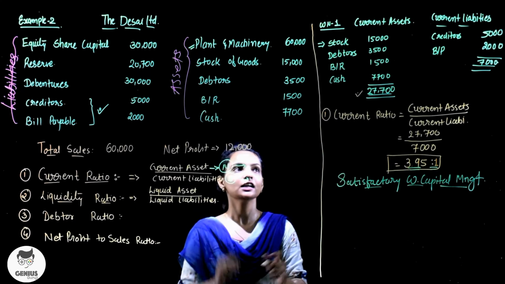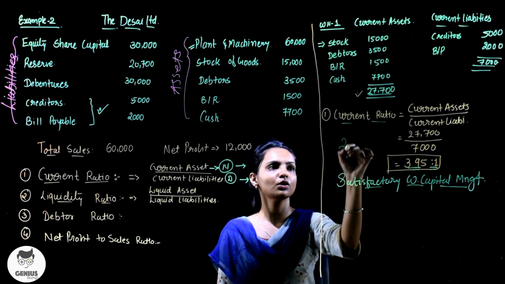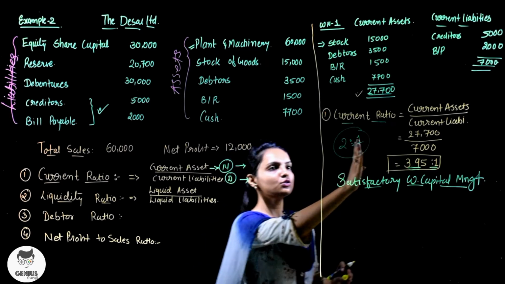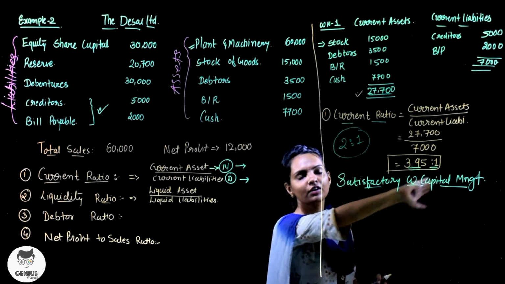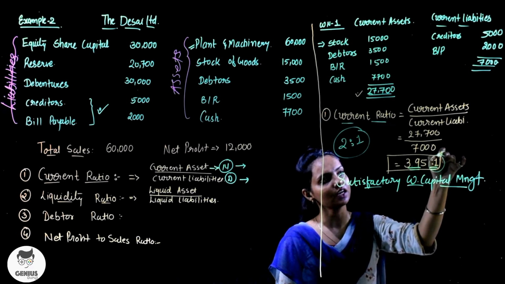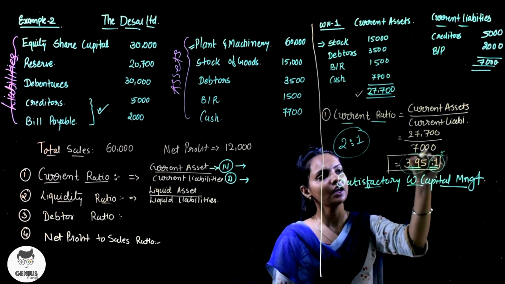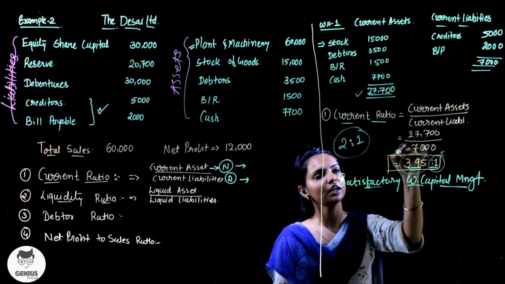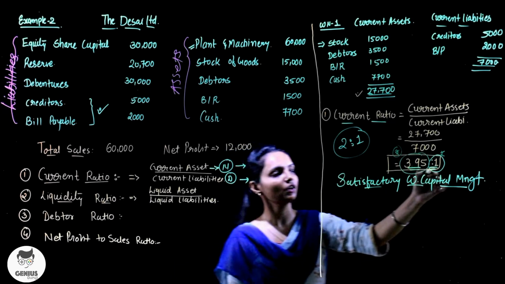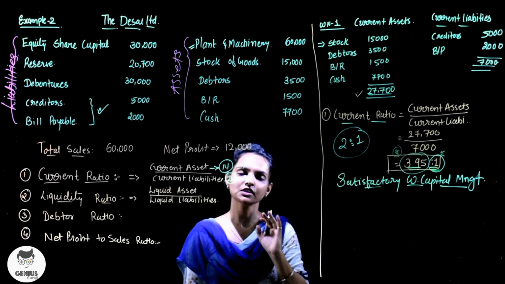Because your ideal ratio of current is 2:1. Now compare your 2:1 with 3.95:1. That means if the company has 1 rupee of current liability, the company has 3.95 current assets to repay your current liability. And which is satisfactory.